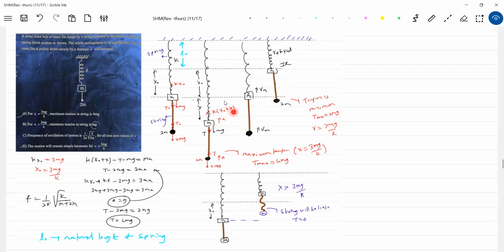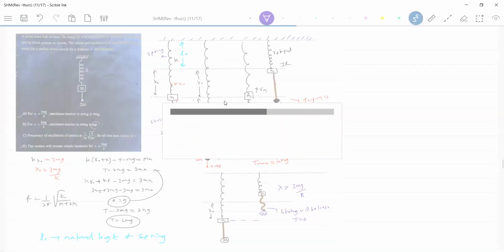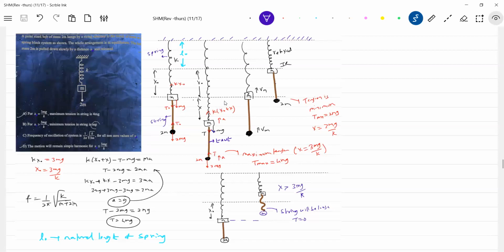So k(x naught plus x) minus mg, and the string will be taut. That condition we have to write. Okay, the string will be taut.